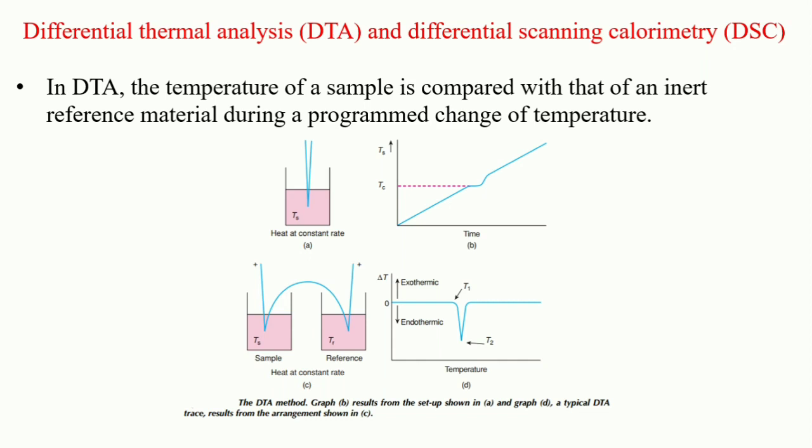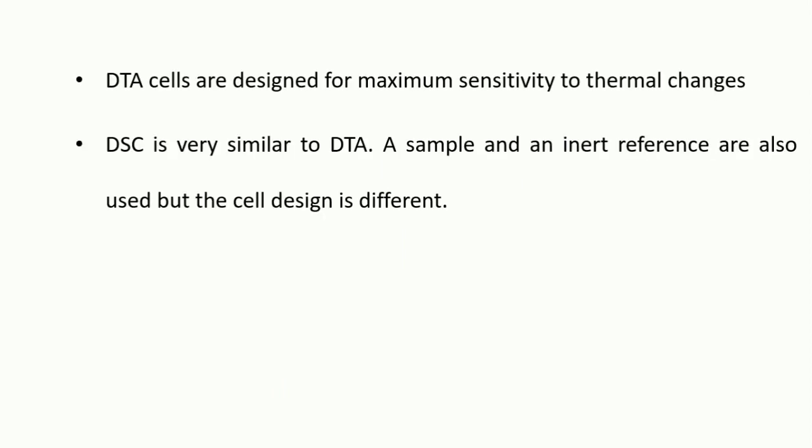DTA cells are designed for maximum sensitivity to thermal changes, but this can be at the expense of losing a calorimetric response, in which peak areas or peak heights are related only qualitatively to the magnitude of the enthalpy changes occurring. It is possible to calibrate DTA equipment so that quantitative enthalpy values can be obtained, but it is better to use DSC for quantitative measurements.